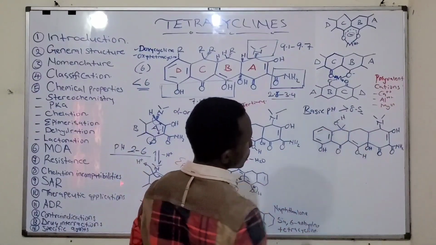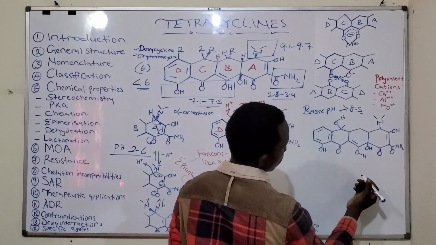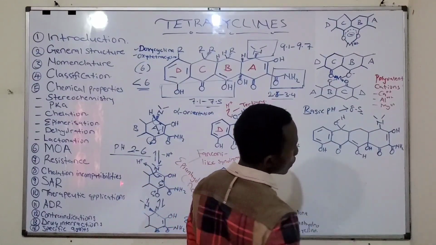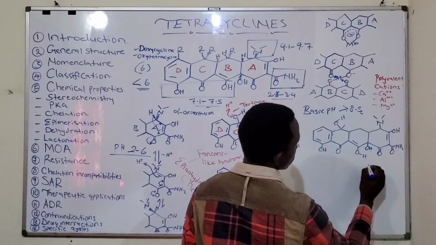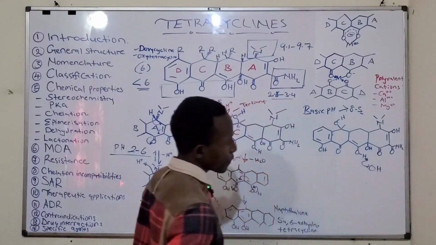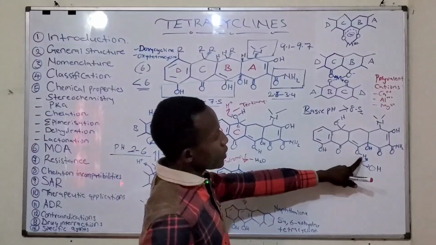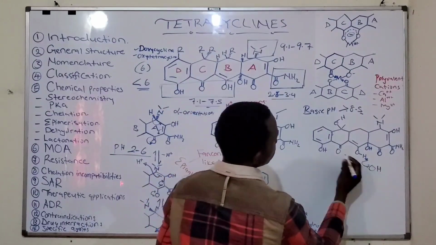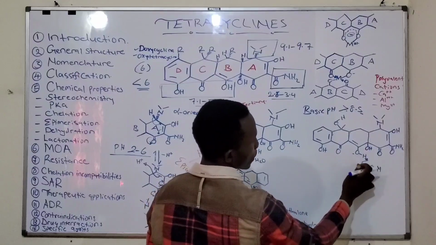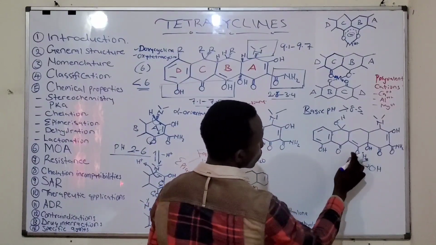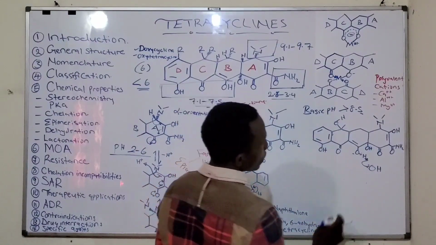So, in the presence of a base, in the intestines, we shall have this process happening. This OH will be taken. So this one will be O minus. If this one is taken, these electrons will be given to oxygen.